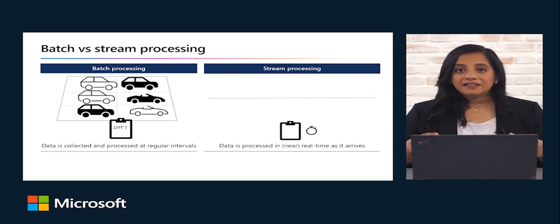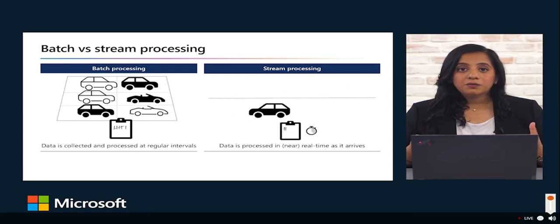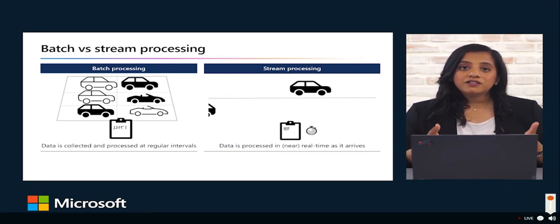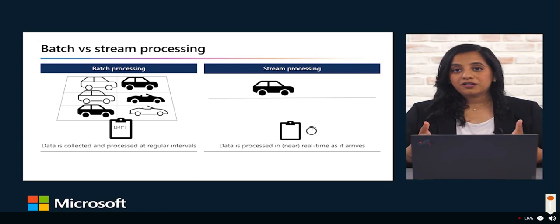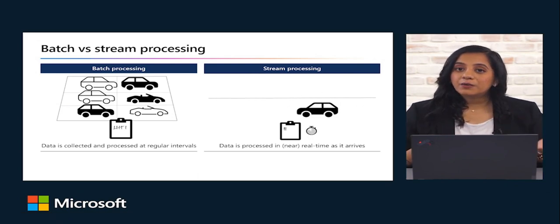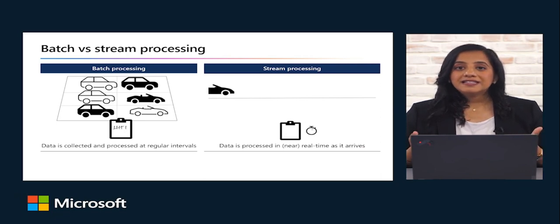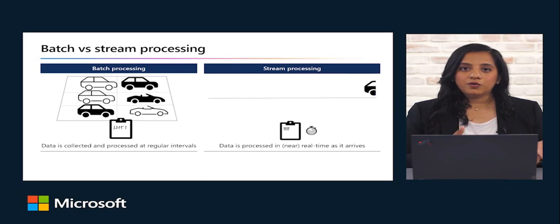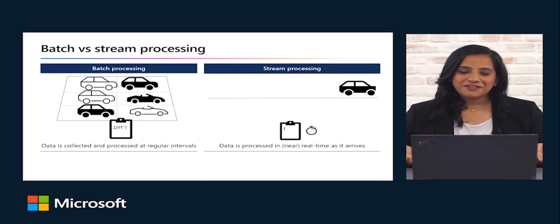Even when real-time analysis or visualization of data is not required, streaming technologies are often used to capture real-time data and store it in the data store for subsequent batch processing. This is the equivalent of redirecting all of the cars that travel along a road into a parking lot before counting them.